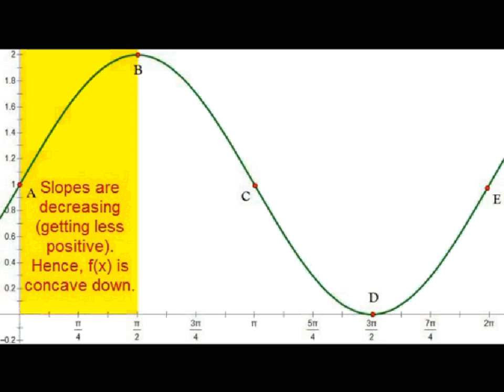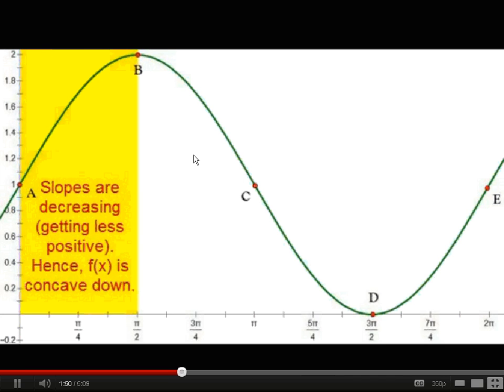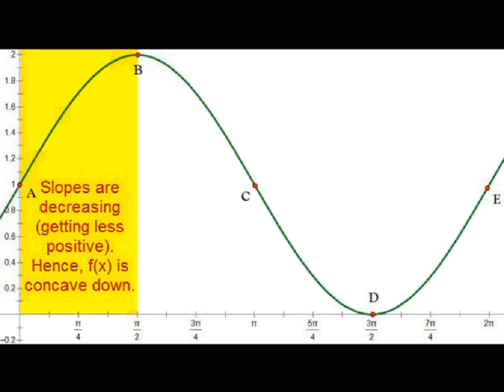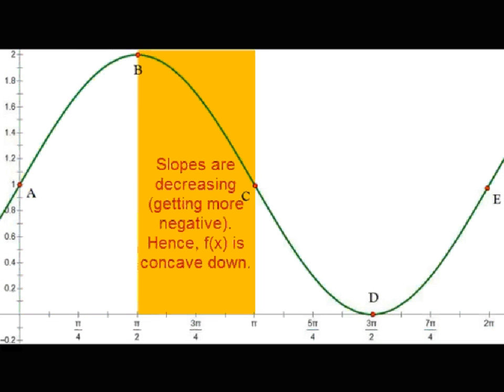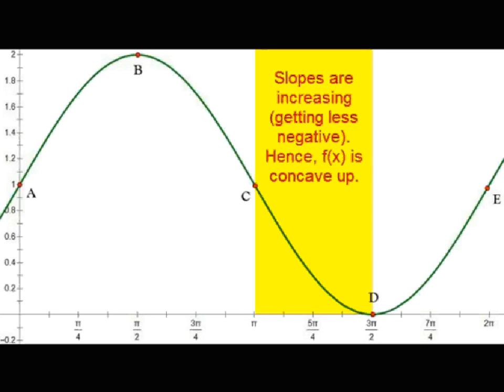The first derivative will be getting smaller in value. So although the first derivative is positive, the second derivative is negative, which makes it concave down. Slopes are decreasing, slopes are decreasing. Now they're finally increasing.